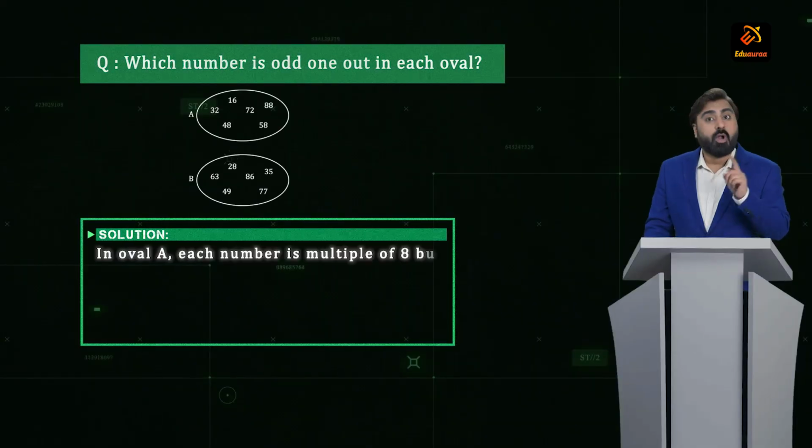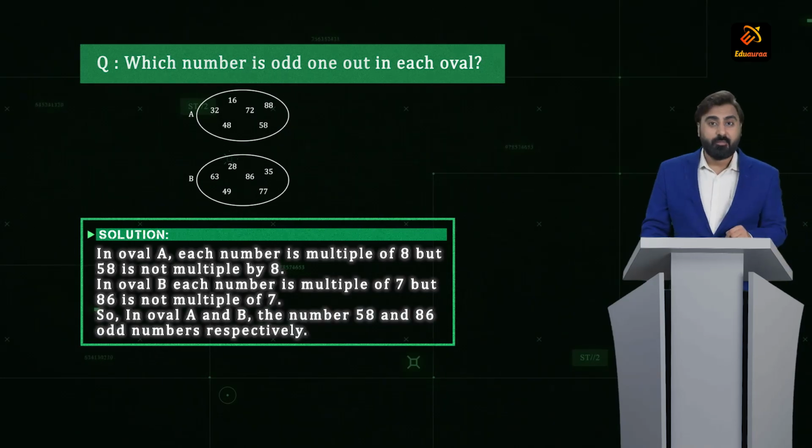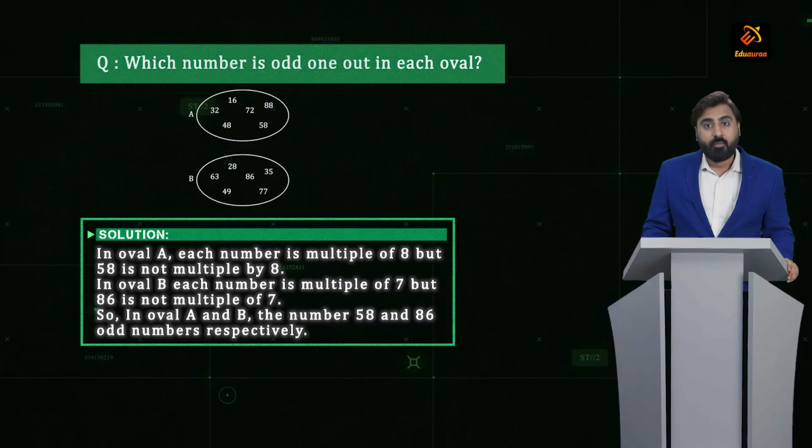We don't know, right? That means in the first oval, other numbers are multiples of 8 other than 58. So what is the odd man out in oval A? 58, because the rest of the numbers are multiples of 8.